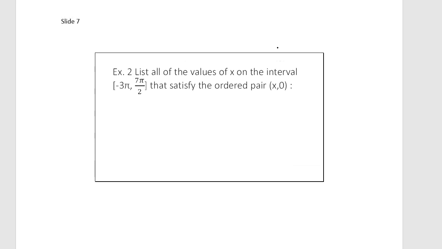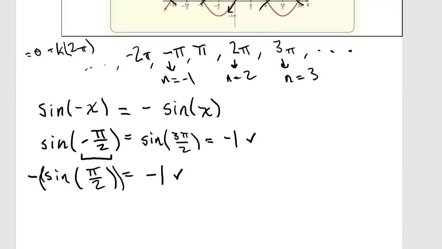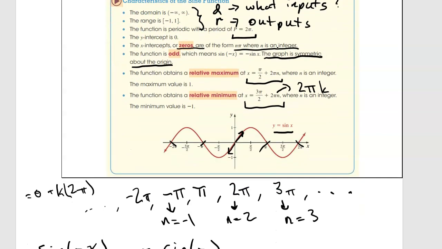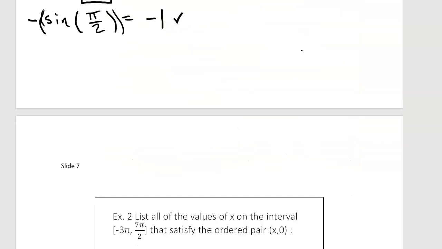So let's look at our zeros definition up here. So remember, our zeros are of the form n pi, where n is an integer. So that's this stuff right here, right? n pi, zeros. Okay, so let's look at our range again.